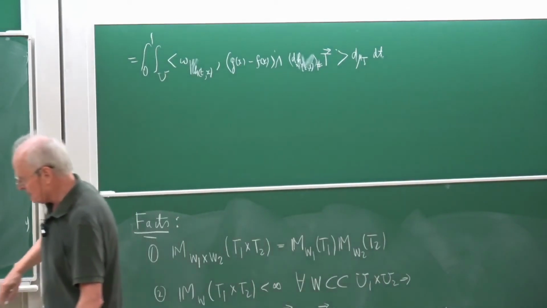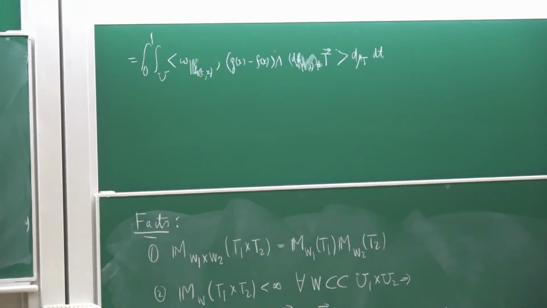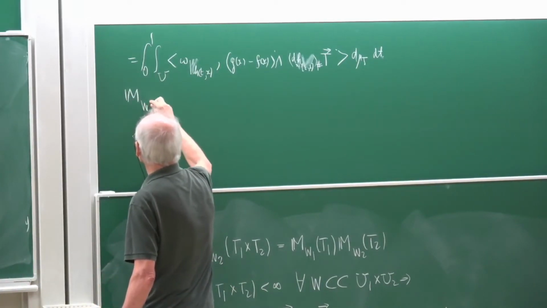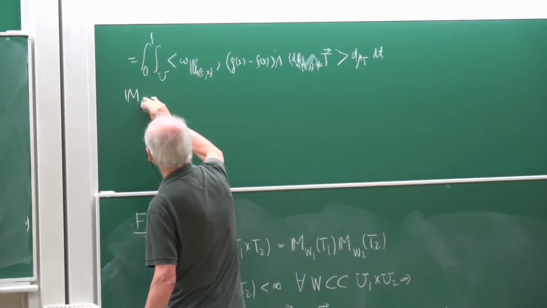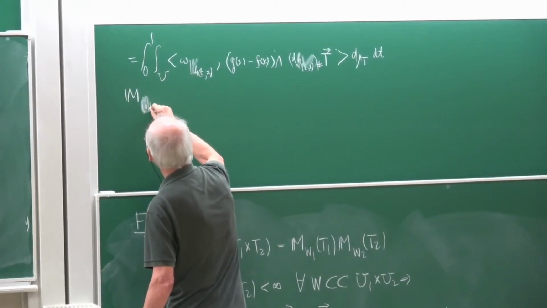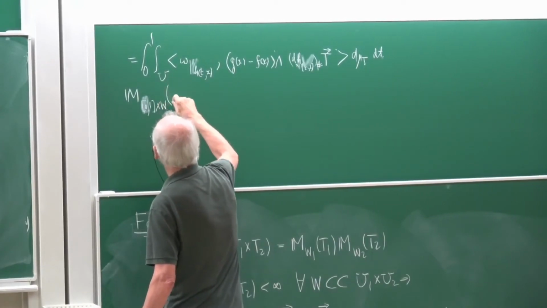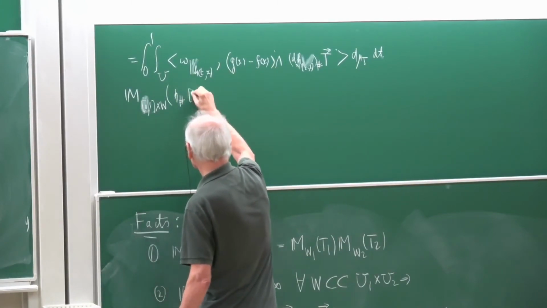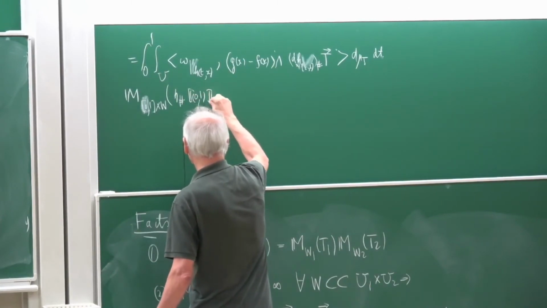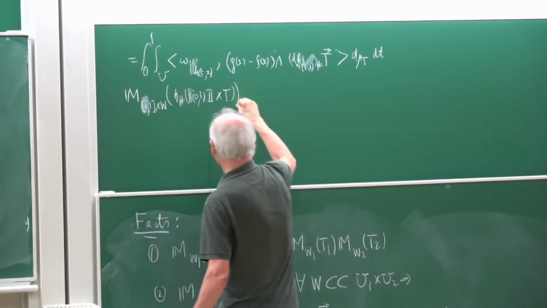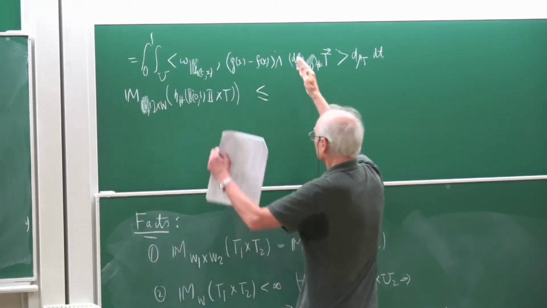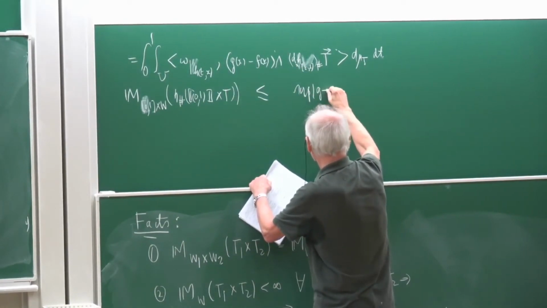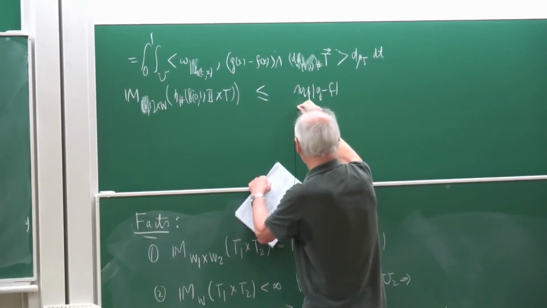Okay, that's good. So the upshot is that the mass in [0,1] cross W of this push forward current is less than or equal to, well, this bit's less than or equal to the sup of G minus F. Sup over the support, over U, if you like.